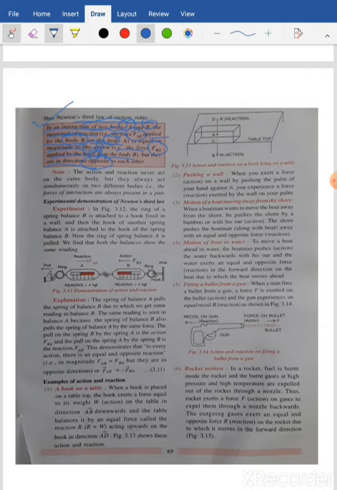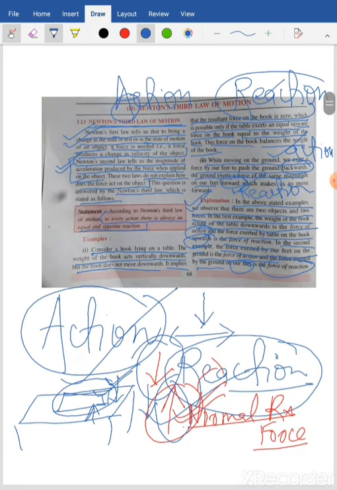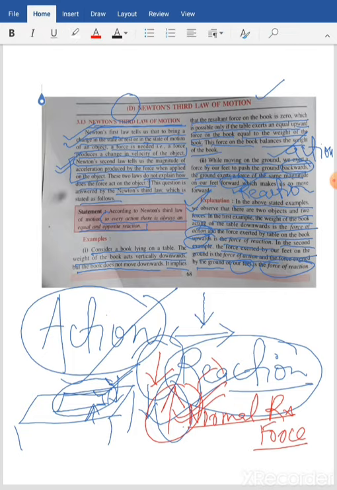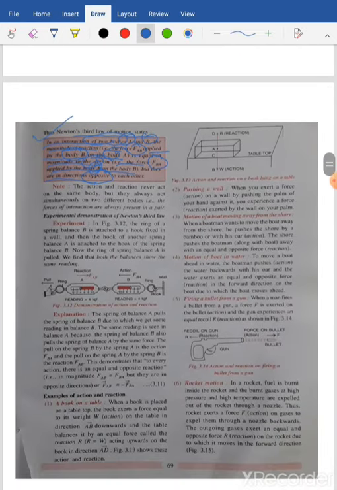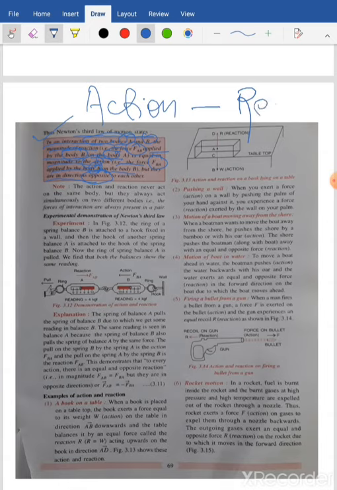So don't get confused here. You must see that because of action there is reaction. Let me rewrite it again here: action gives birth to reaction.